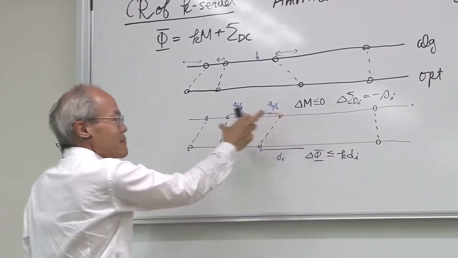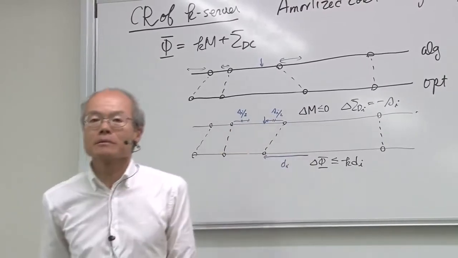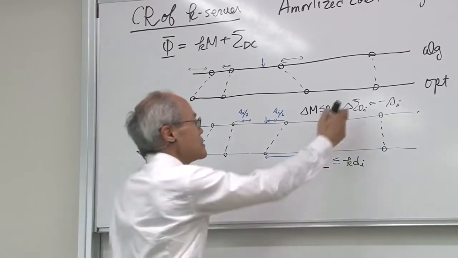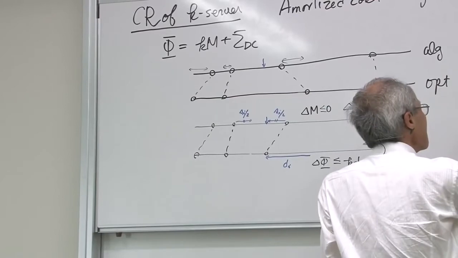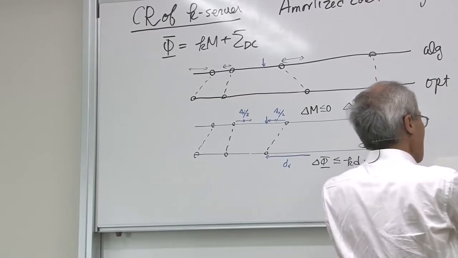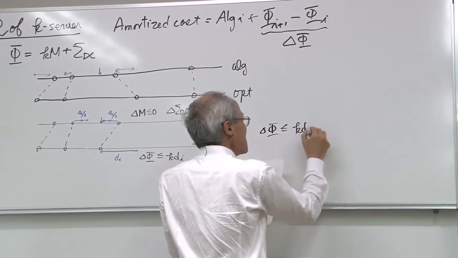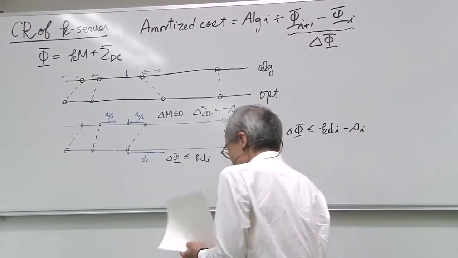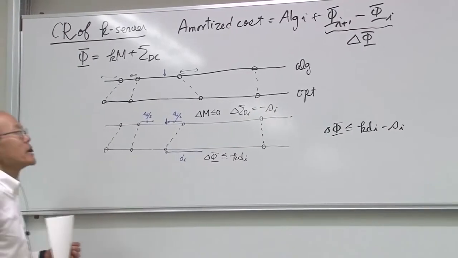And for other pairs, this move and this move all cancel out. That's why delta psi is at most k di minus di.